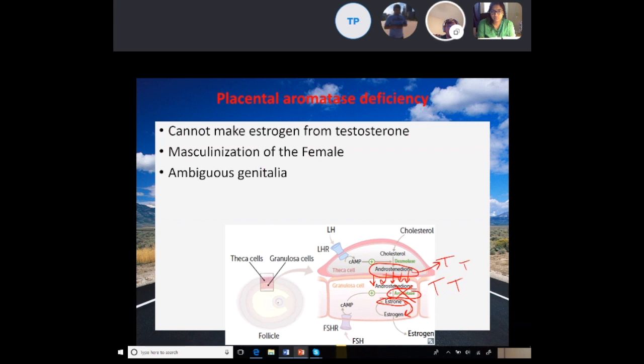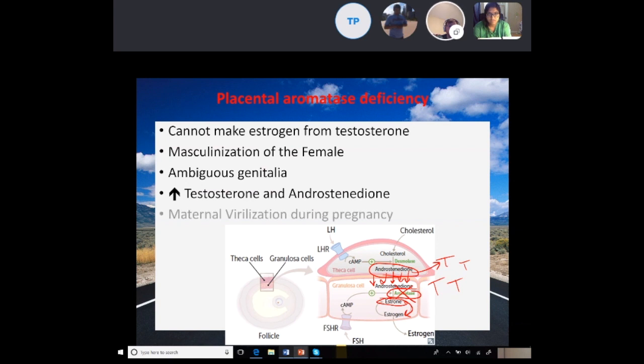So this is how the ambiguous nature of female genitalia can arise, because you have increased testosterone. And a clue that will separate this from other disorders of sexual development is that you'll get maternal virilization during pregnancy.